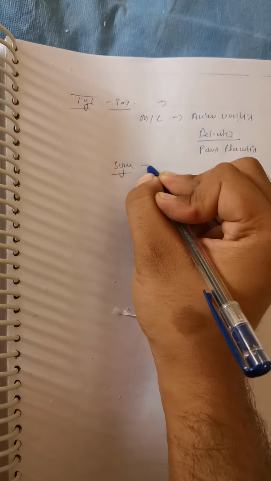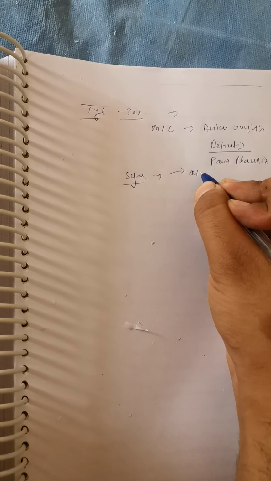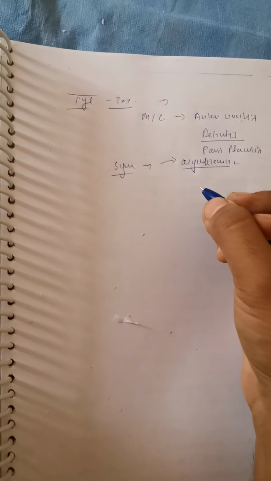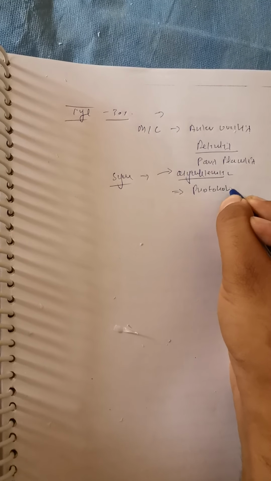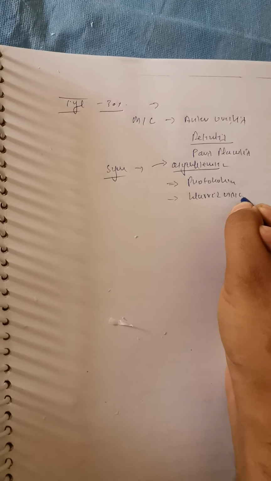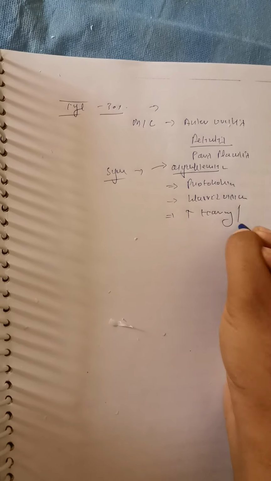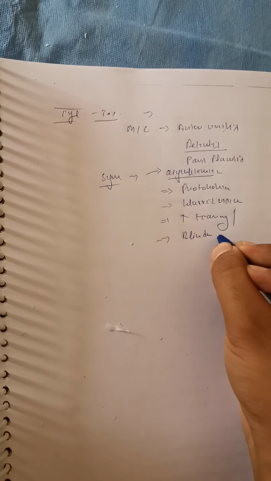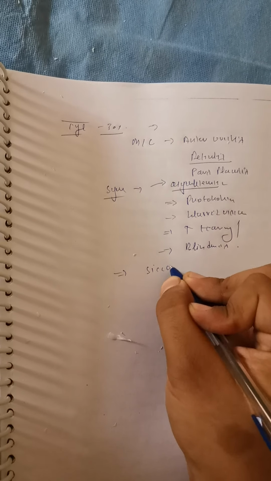It can be asymptomatic, that is active inflammation without any symptom, or cause photophobia, blurred vision, increased tearing, and can lead to blindness also in extreme cases.